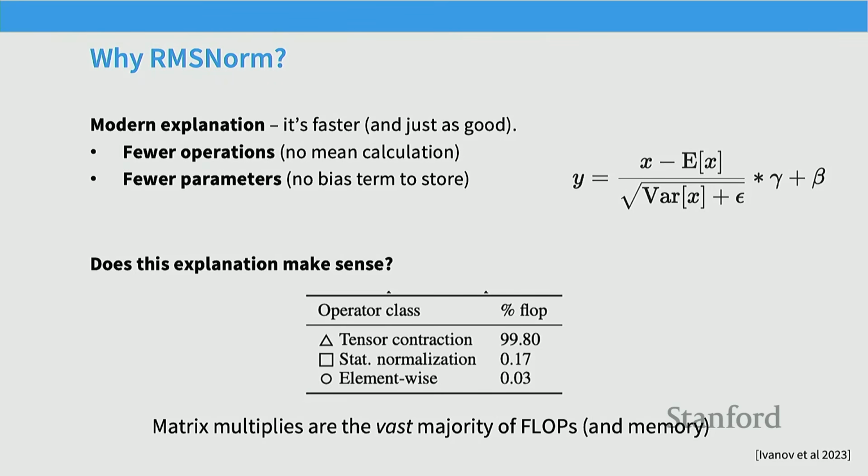And some of you might be thinking, but wait, you told me in 224N that nothing but matrix multiplies matter for the purpose of runtime, right? And this is not a matrix multiply, so I shouldn't care about any of this. That's a reasonable perspective to take.